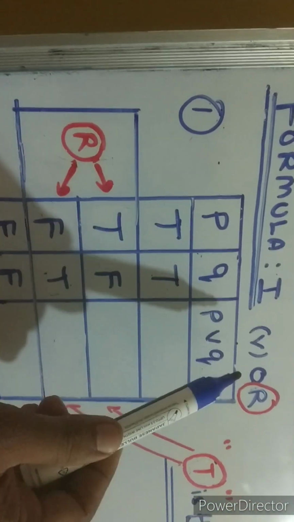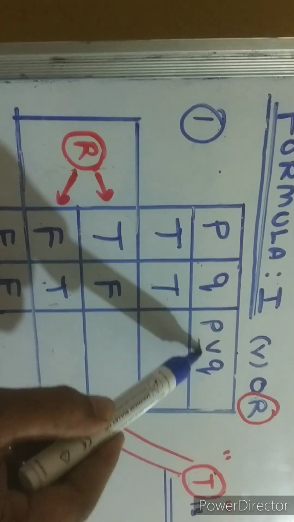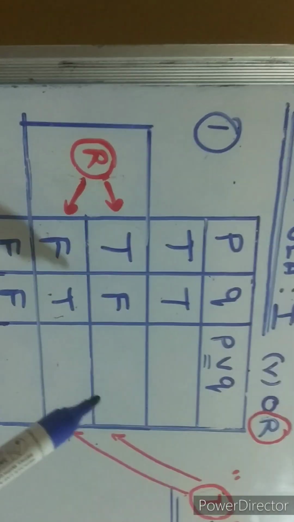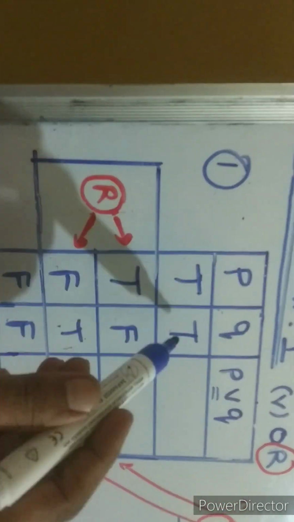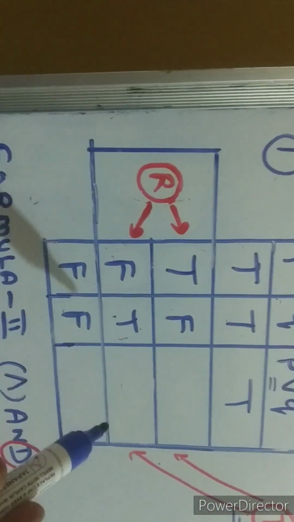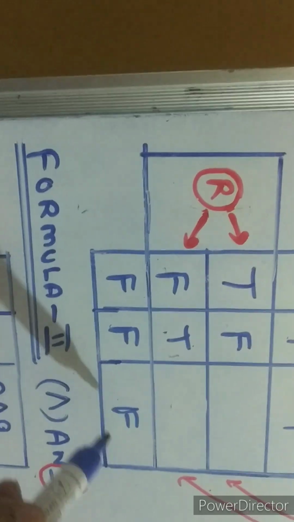Now find the R. The R symbol is written here, P R Q. Now T T is always T only. In the same way F F is always F.